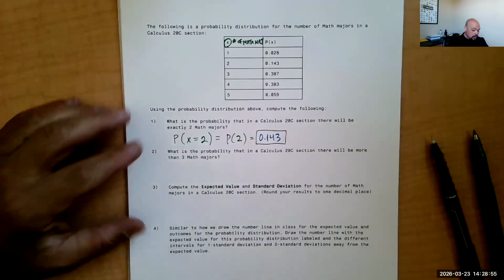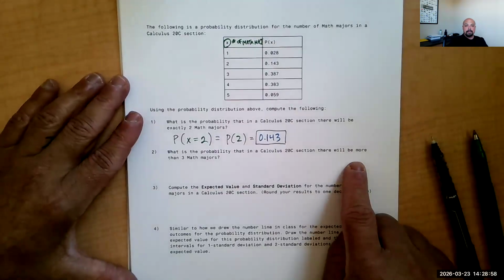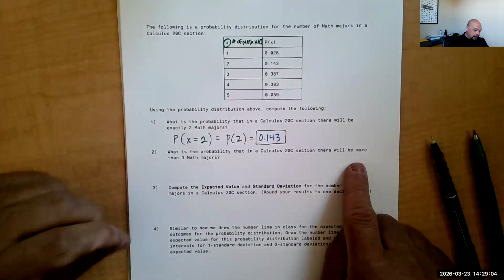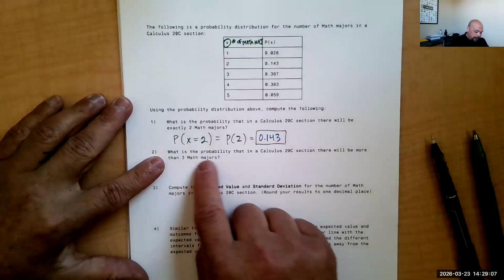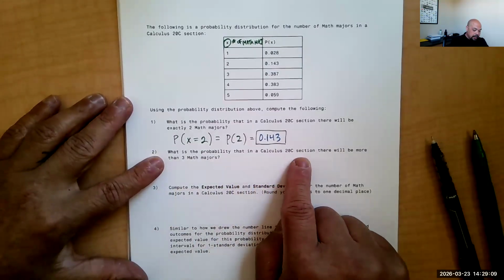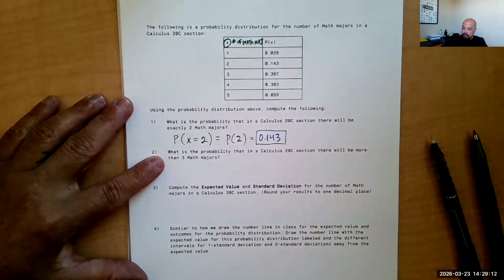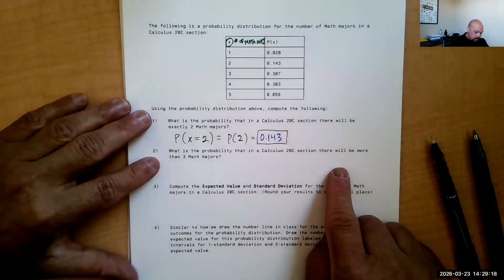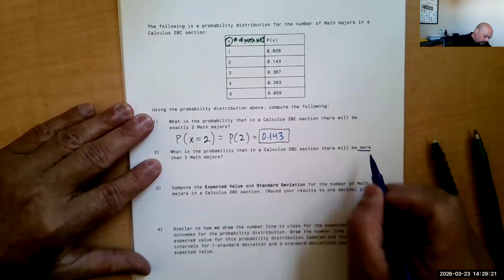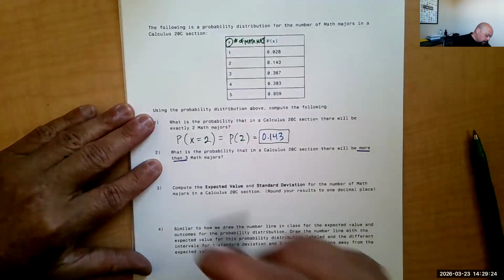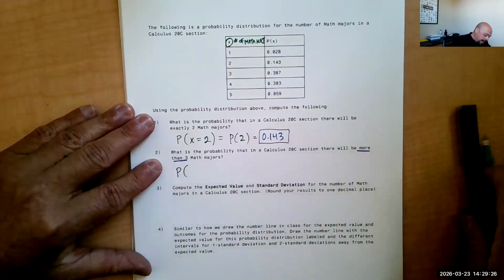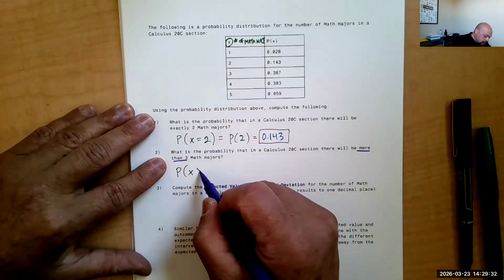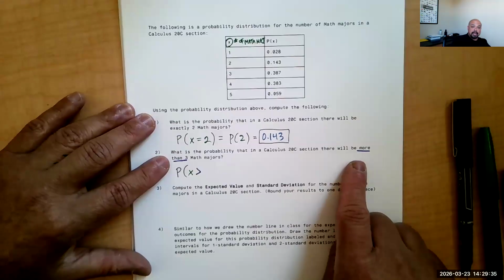Now as we go forward, thinking about some of the different ways of organizing and thinking about the inequalities, what's the probability that in this Calculus 20C section there'll be more than 3 math majors? Looking at that phrasing, more than 3, we're looking for the probability that our X value, that number of math majors, is strictly greater than 3.